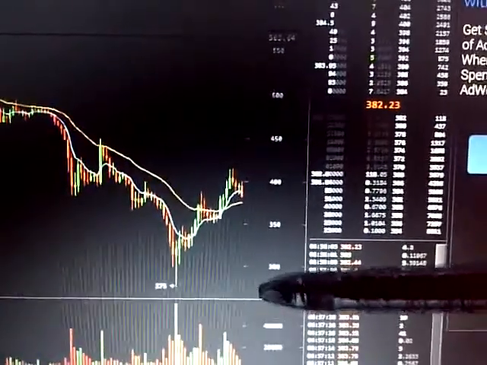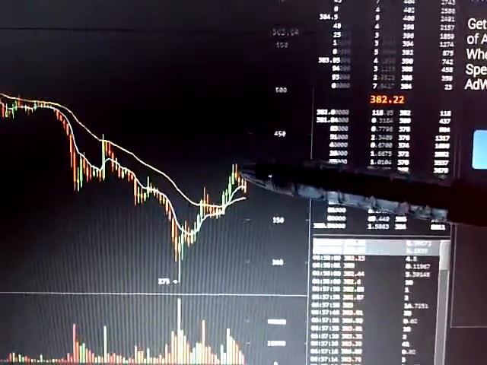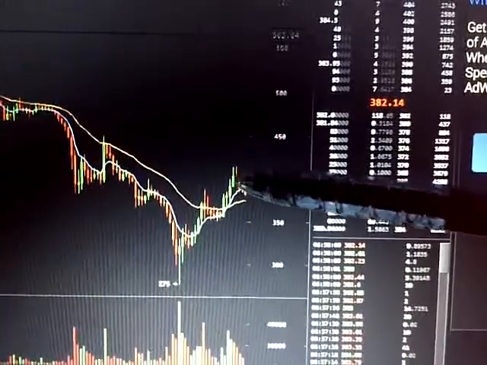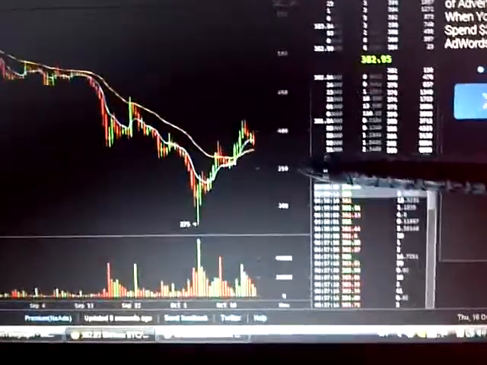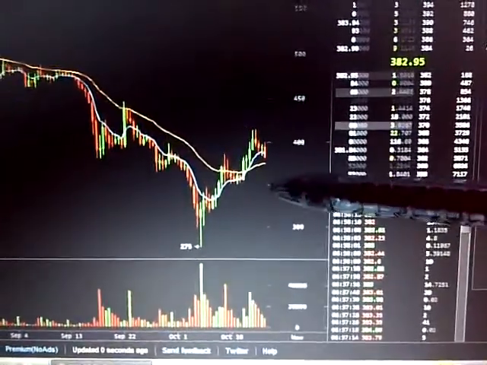So if you're a wave theorist, you'll see that this is just wave one, and a possible down here to maybe 350, before it goes on to wave three.